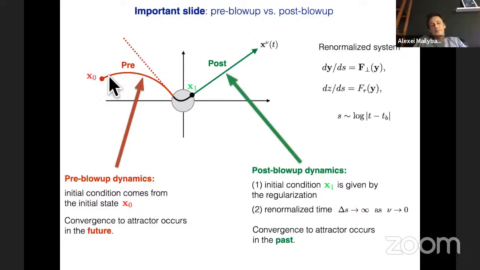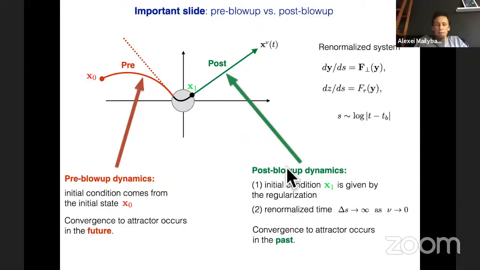So in other words, convergence to the attractor in this special system, in this system on a sphere, describes the asymptotic behavior of the solution before the blow-up. So essentially the attractor of the system describes the future. This attracting behavior corresponds to the final stage of the pre-blow-up dynamics, like the future state of the pre-blow-up dynamics, just before entering the singularity.